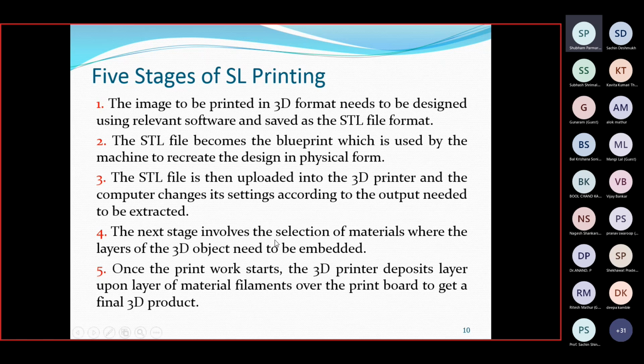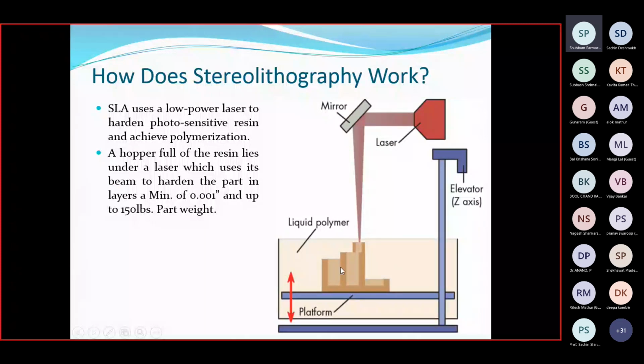The next stage involves the selection of materials. You have to select the liquid by which you want to create your object. Here the liquid I am talking about is liquid polymer. You can use resins also, different types of resins.